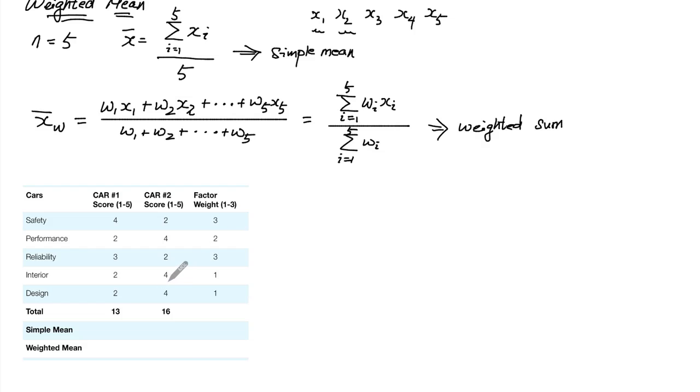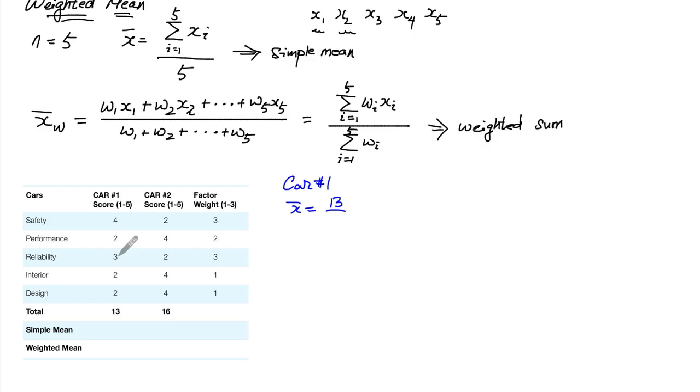Now if we were to do a simple mean for, say, car number 1, x bar is going to be the sum of all the scores. In this case, I've done the totaling for you. It's 13, divided by the number of observations.